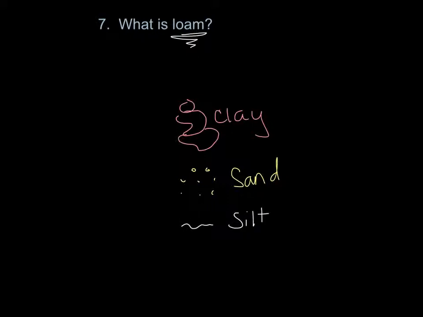So loam is going to be equal parts clay, sand, and silt, and we call this loam. Now if it has more clay, then it would be called clay loam. If it has more sand, then it would be called sandy loam.